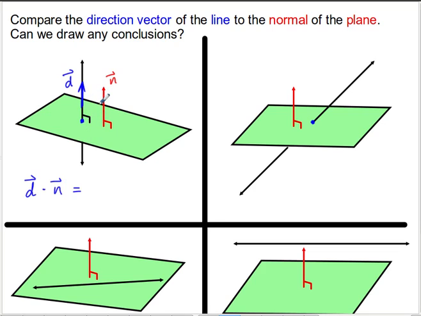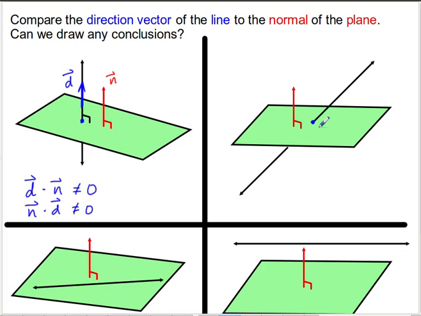Or more specifically, what is the dot product not going to be? The dot product is not going to be zero. It's going to be a non-zero dot product. And that's going to be the same regardless of the order that you do this in, because dot product is commutative.